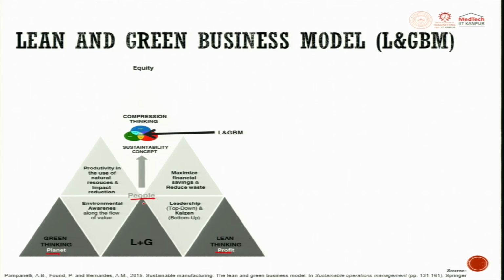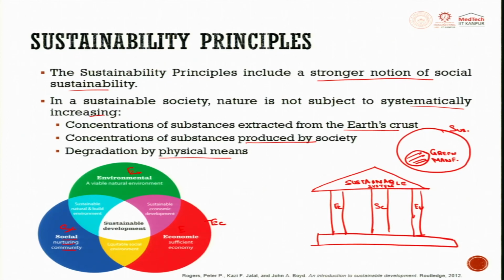So this triple bottom line could also be put as: economy is profit, society is people, then environment is planet.